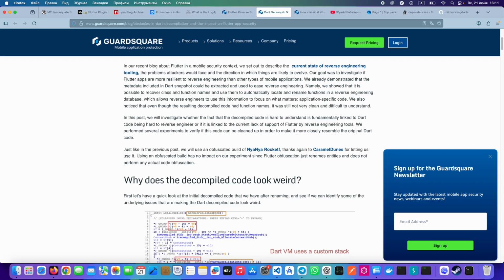It talks more about how they use a Nyan Rocket kind of application and reverse it, showing what is interesting: what can you do with your Flutter application? And since at that time there were not enough tools, I would say they created their own kind of IDA, which could reverse Flutter code very well.